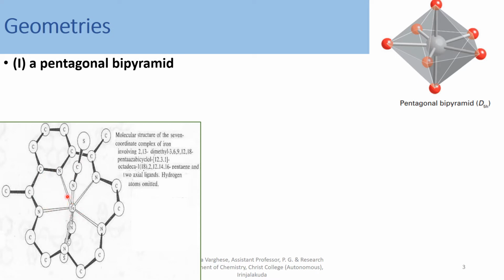The central atom is iron, which is joined to 2,13-dimethyl-3,6,9,12,18-pentaazabicyclo[12.3.1]octadeca-1(18),2,12,14,16-pentaene, and there are two axial ligands, thiocyanate ions. The hydrogen atoms are omitted here for clarity. So it is a pentagonal bipyramid compound of iron having coordination number 7.